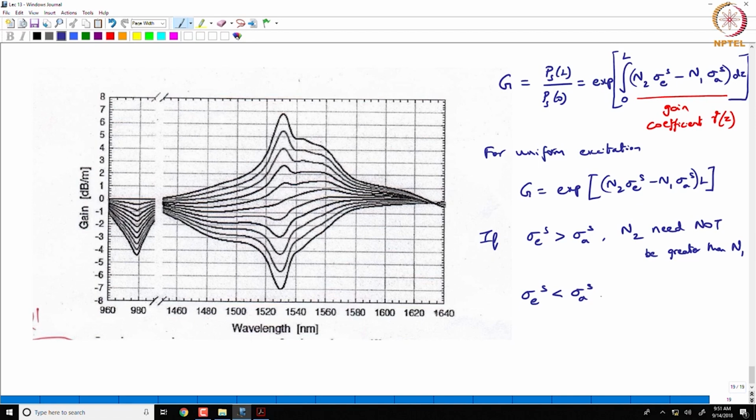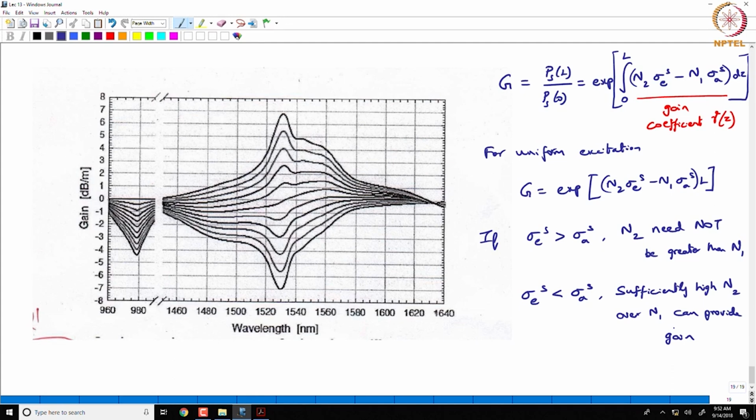No. What it just means is that sufficiently high N2 over N1 can provide gain. Okay. So, if sigma E is less than sigma A, you just need to overcome that with a higher fraction of these rare earth atoms in the excited state compared to what is in the ground state.